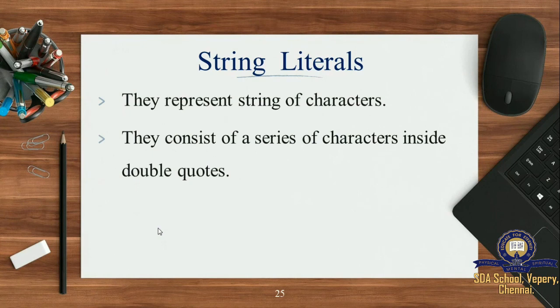For example, we wrote a program with System.out.println. What did you give? The sum of x and y, you gave it in double quotes, right? Whatever you give in the double quotes will be printed as it is on your output screen. That statement we call a string.